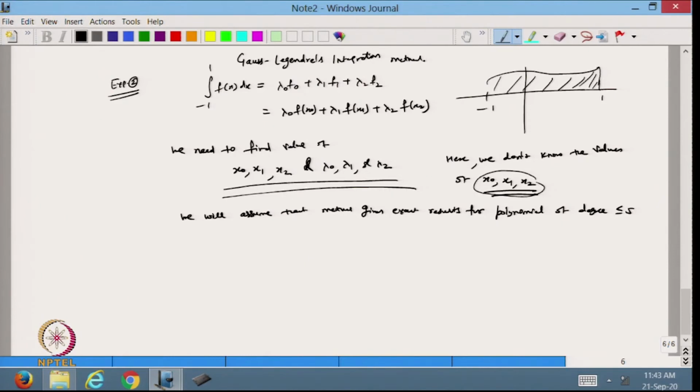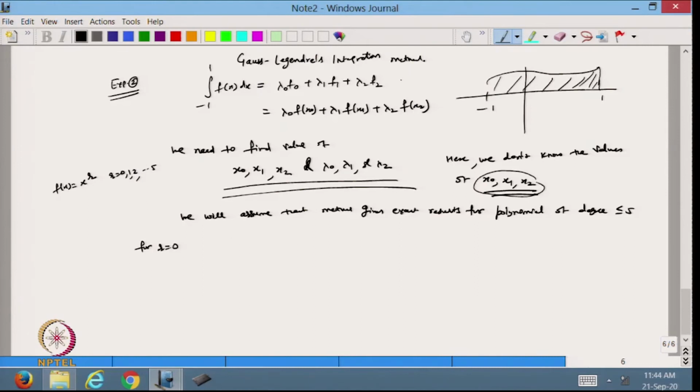So, in this case f of x I can take as x raised to power r, and r can be 0, 1, 2 up to 5. So, for r is equal to 0, it is the constant.